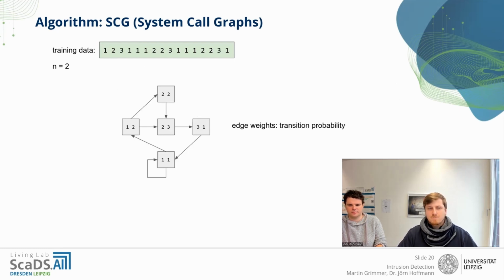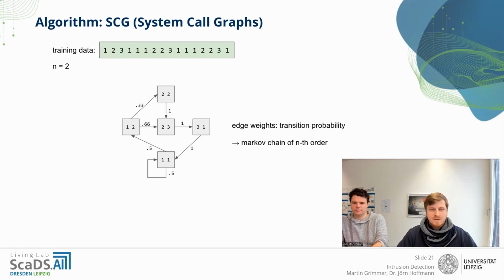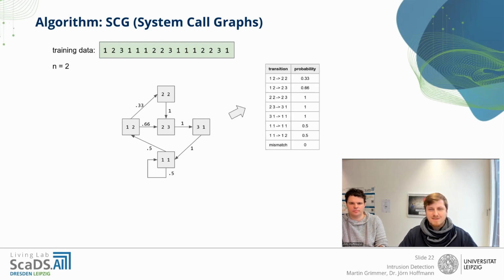In the end, we have a more or less complex graph, and we use the transition probabilities as edge weights. This looks like this. And now we simply have a Markov chain of nth order, and we can use this to detect intrusions by just doing lookups in the corresponding transition probability table.